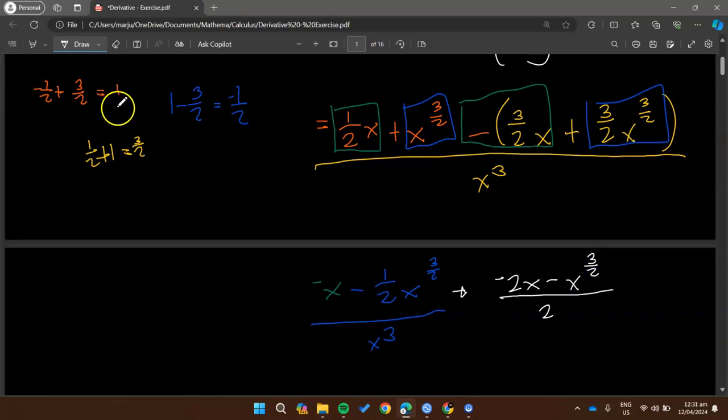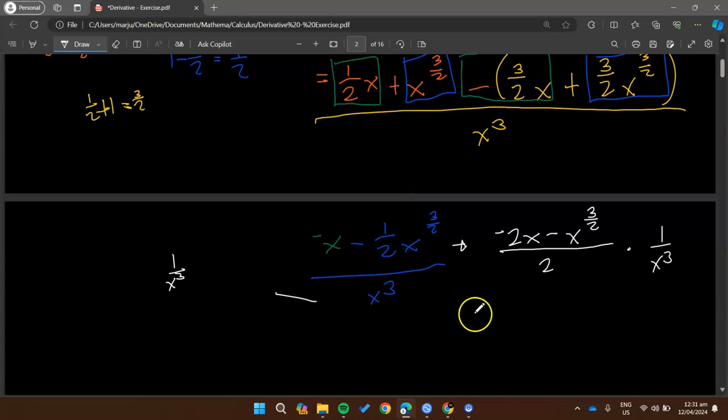And then we proceed to multiplication by the reciprocal of that one, that is just 1 over x cubed. So multiply by 1 over x cubed. We will now have negative 2x minus x raised to 3/2, all over 2x cubed.